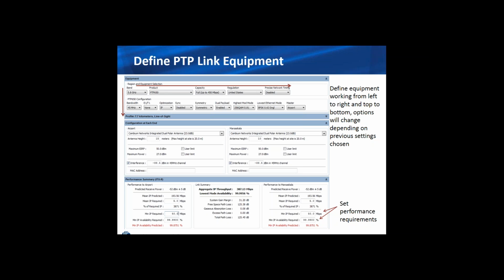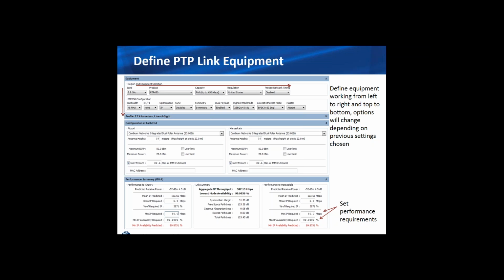In the performance summary section, you can set your required throughput and availability targets. The availability predicted in adaptive modulation will be for the lowest modulation mode that will support the required throughput you've requested.